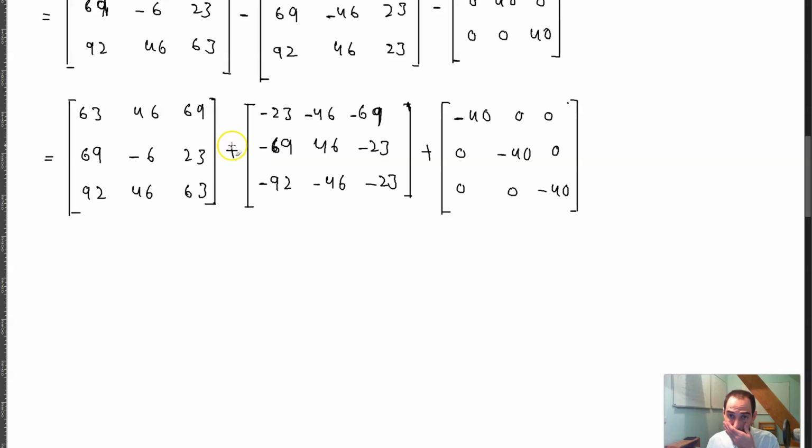Now you can do the whole thing together, meaning that you can add 63 plus negative 23 plus negative 40, which is of course possible.